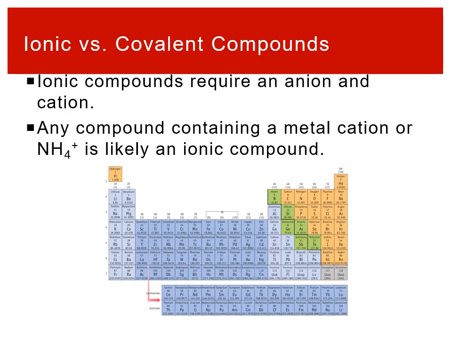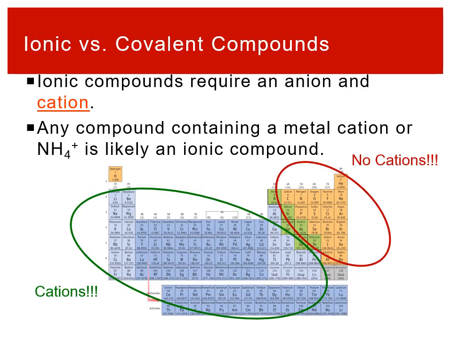And so if we want to think about where we find anions and cations on the periodic table, we really want to focus on cations, because we know that cations are only formed by metals. Non-metals don't form cations when they're single atoms. They always form anions. They're also the types of atoms that form covalent bonds.